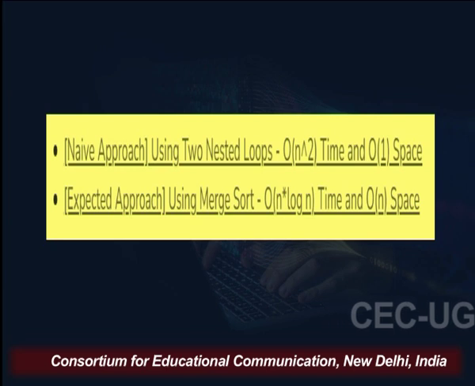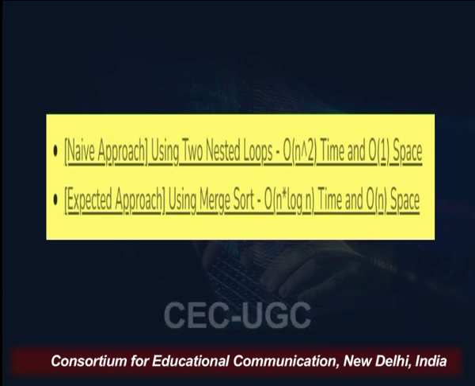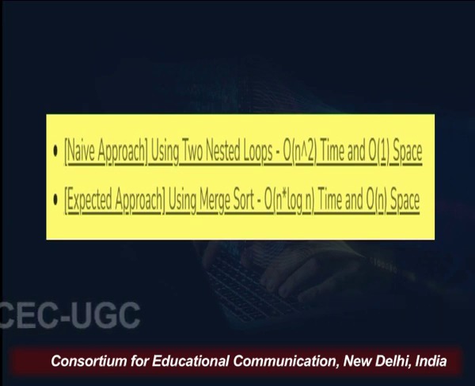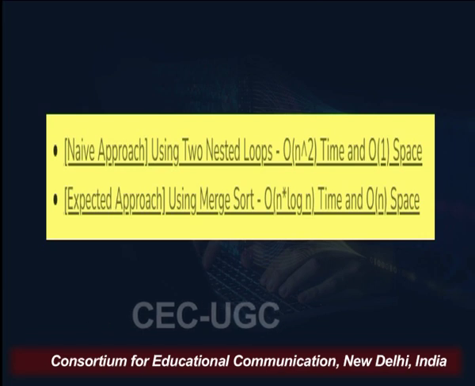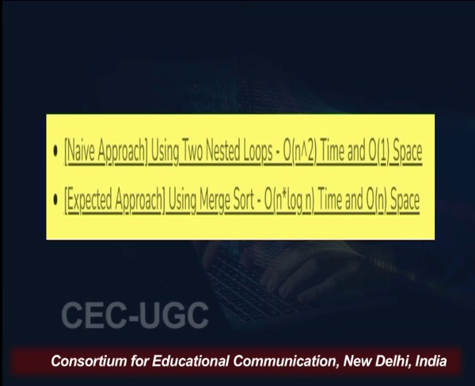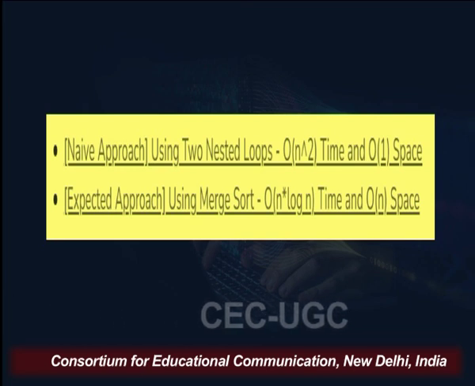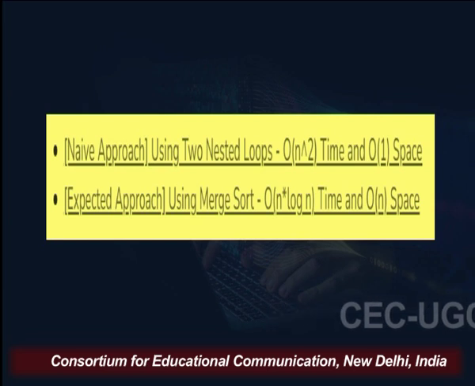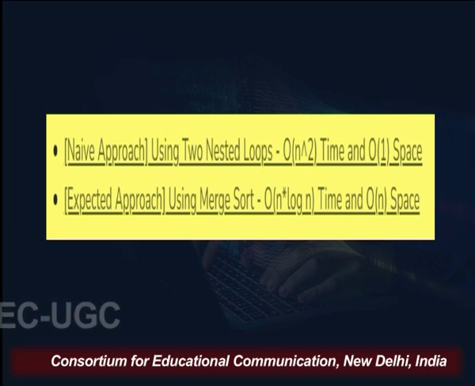Another approach is the expected approach, which uses a modified merge sort. The complexity of merge sort is n log n, but as you are all aware, merge sort needs space equal to the size of the original array.